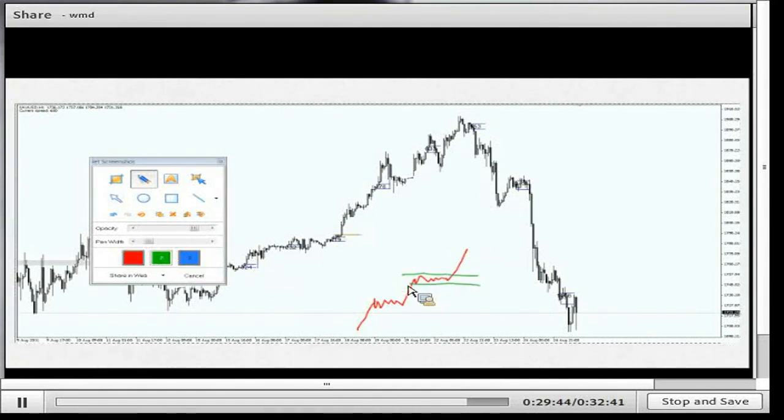My favorite setup on this is where the price breaks, it consolidates, it breaks again and it consolidates again. Sometimes you will see this happen: the price will pull back to the last consolidation area, and that will act as support.